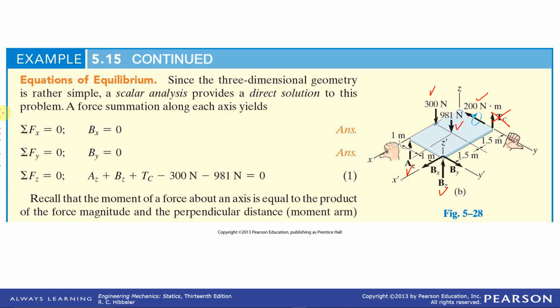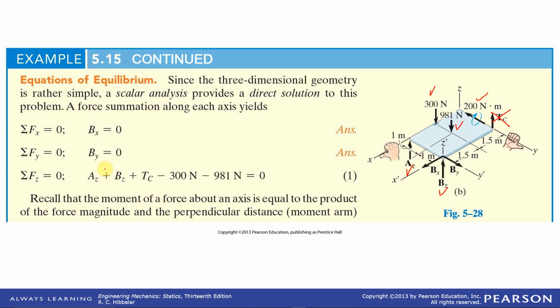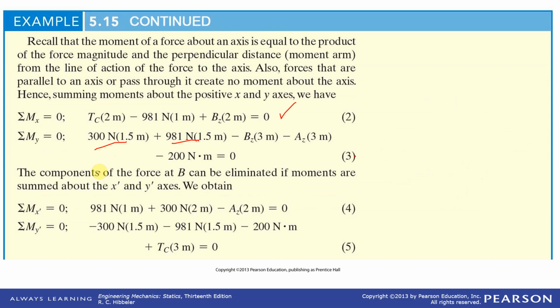So first equation, coefficient of AZ is 1. Second equation, coefficient of AZ 0. Third equation, AZ plus BZ equals 300 times 1.5, 981 times 1.5 minus 200. So the coefficient would be 3. 103 for the coefficient of A.